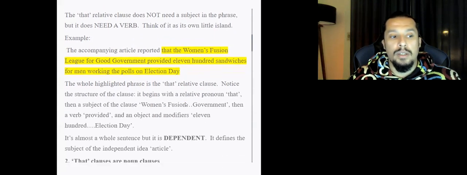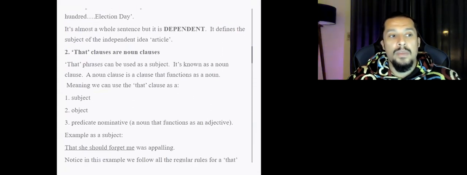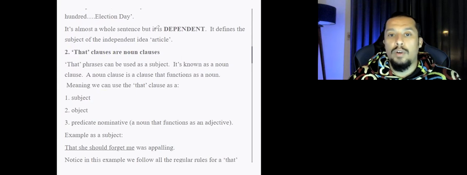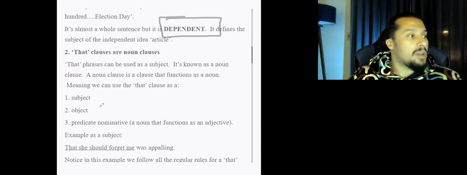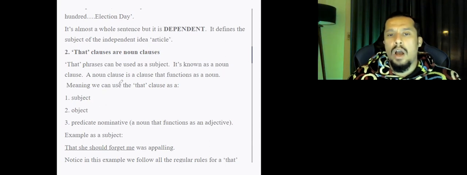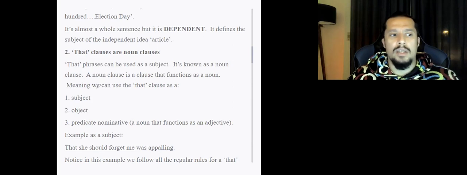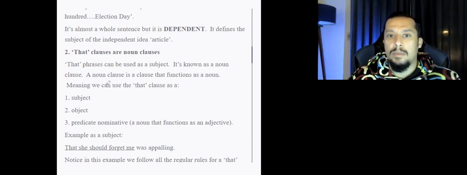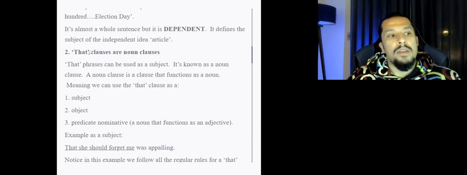Let's try another one, right? Here, although you might say it has a verb and everything, it's still dependent. So we need to stop the habit of memorizing subject and verb means independent. No, we've passed that stage. So keep this in mind. Okay. The that clause is a noun clause.